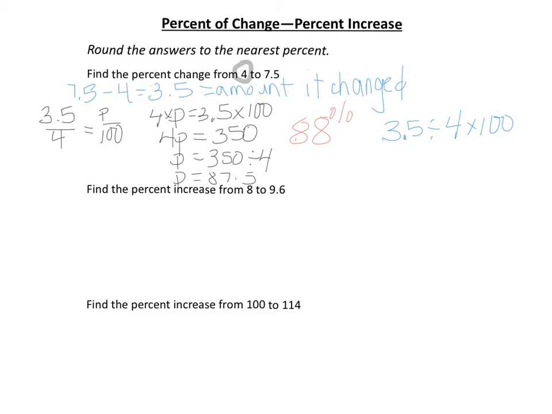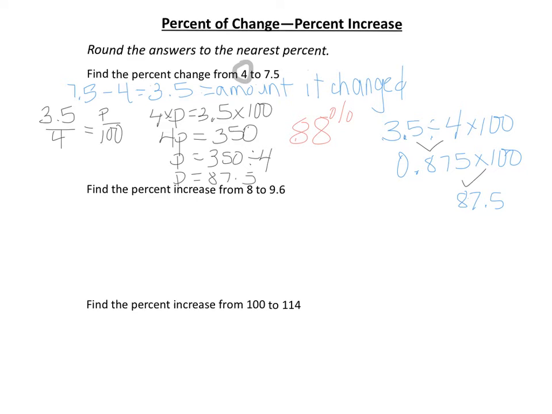But if you do not have a calculator that does order of operations, 3.5 divided by 4 is 0.875, which we would multiply by 100, and that gives us 87.5, which we then could round to 88%.